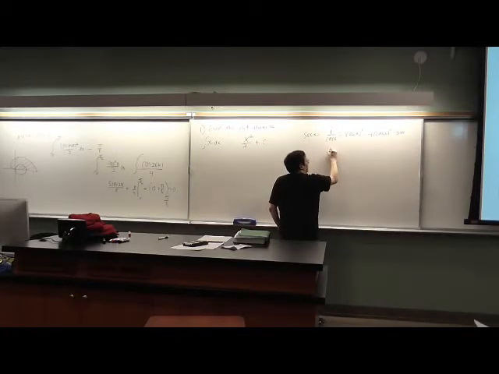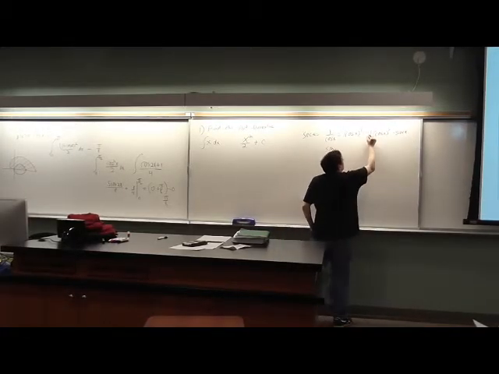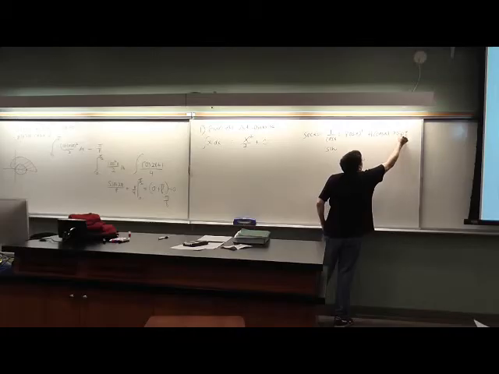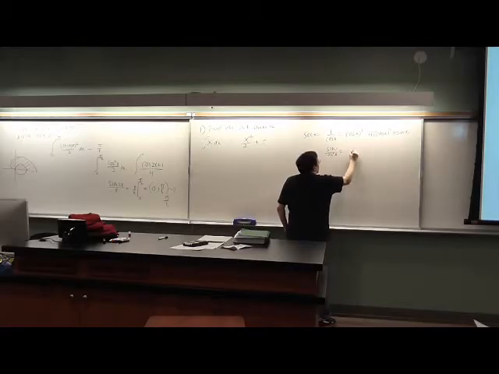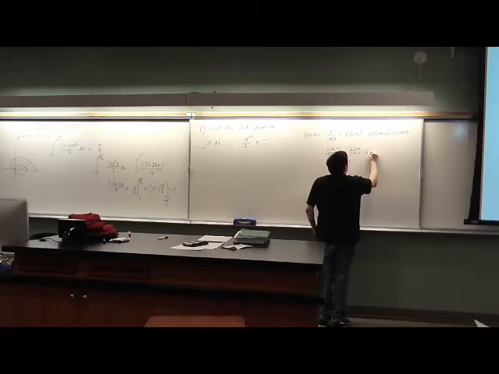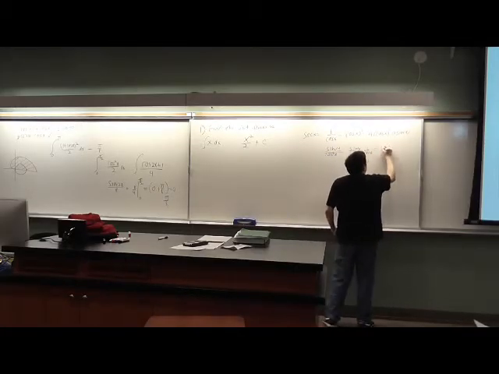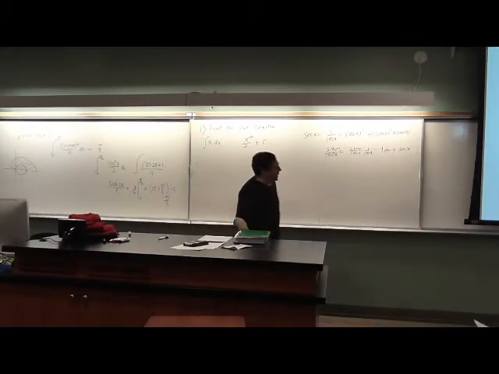So the minuses cancel. Sine over cosine squared of x, which is sine over cosine of x, times 1 over cosine of x, equals tangent of x times secant of x. So that's another handy one.